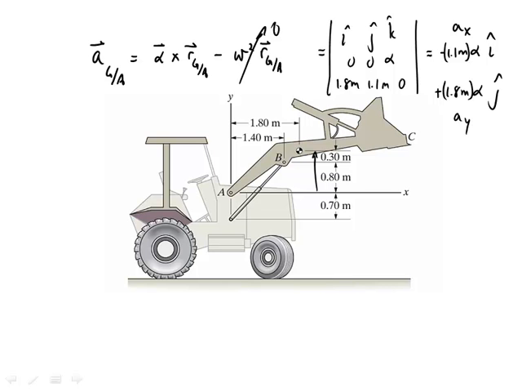And so now I've got a sub x and a sub y as 2 equations. So a sub x equals minus 1.1 meters alpha, and a sub y equals 1.8 meters alpha. So there's 2 more equations to add to my list of equations. So now I have 5 equations and 5 unknowns.